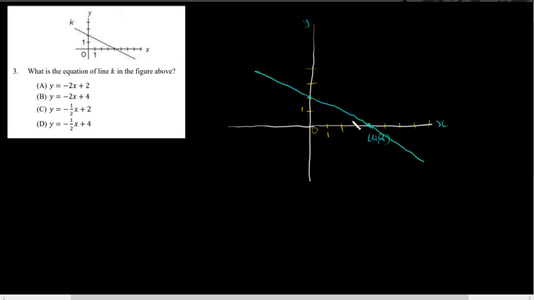Okay, now what is the equation of line K in the figure above? First, let us talk about the equation of a line. It is y equals mx plus c, as we've said already, and we have said that m is the gradient and c is the y-intercept. So from the graph we can see that the line is intercepting the y-axis at this point, 0 2.